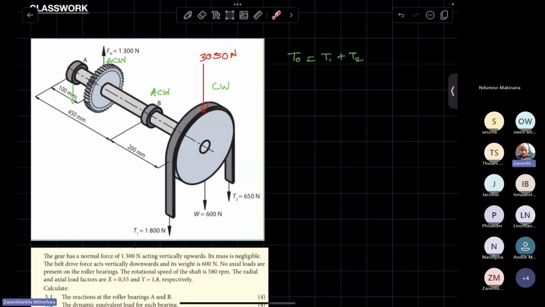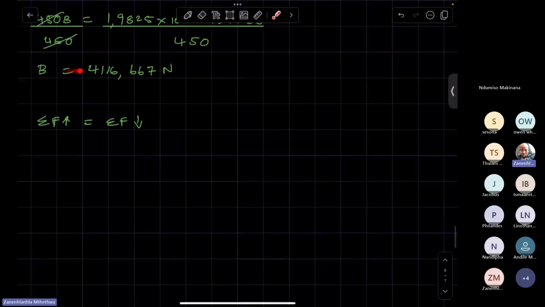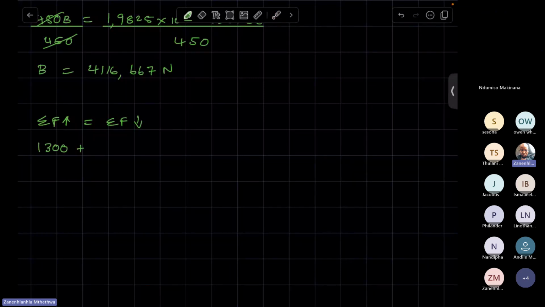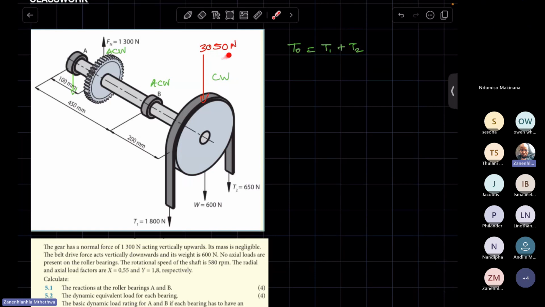So the only upward forces are the normal force and the support at bearing B. The support at bearing B was positive, meaning that the upward assumption was actually correct. So forces going up is the normal force, 1,300, plus the reaction at B, which is 4116.667, is equal to forces going down, which is the 3050 and the reaction at the support A.